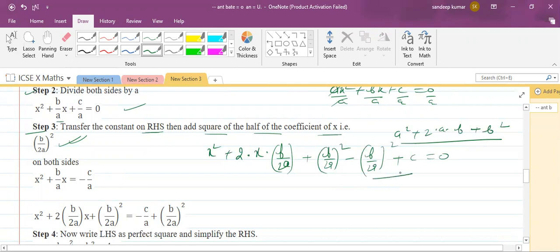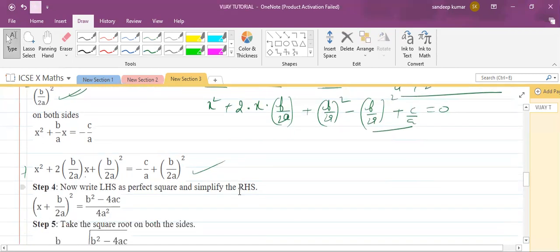Next, you have to move this to the right hand side. So they have done here x square plus 2 into b by twice of a into x plus b by twice of a whole square is equal to, c by a was there, right? So minus c by a, and this minus becomes plus b by twice of a whole square. And step 4: now write LHS as a perfect square and simplify the RHS.